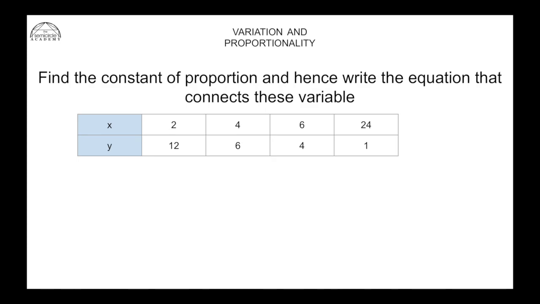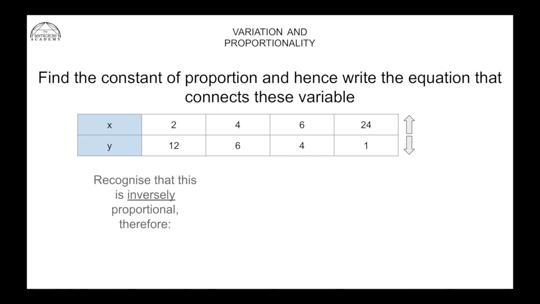Let's take a look at this other example here. And with this example, we could see that as x increases, y actually decreases. So as x gets larger, y gets smaller, right?